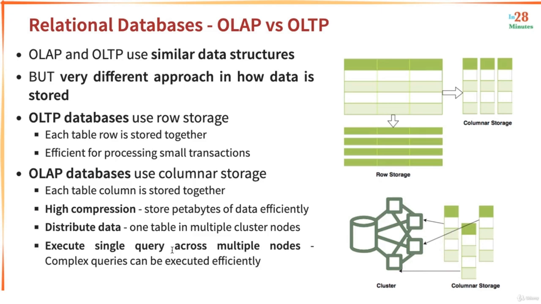So I would be able to execute complex queries very efficiently. What do OLAP databases do? They execute a lot of complex analytics and intelligence-related queries. So it's very efficient for them to store data by columns and distribute it across multiple nodes in a cluster. The idea behind this step was to just give you a high-level overview of how OLAP and OLTP databases store their data. I'll see you in the next step.